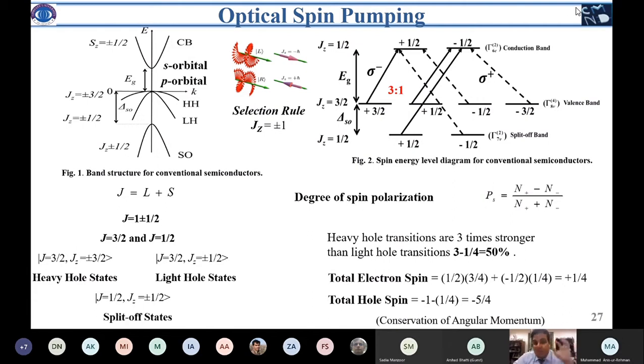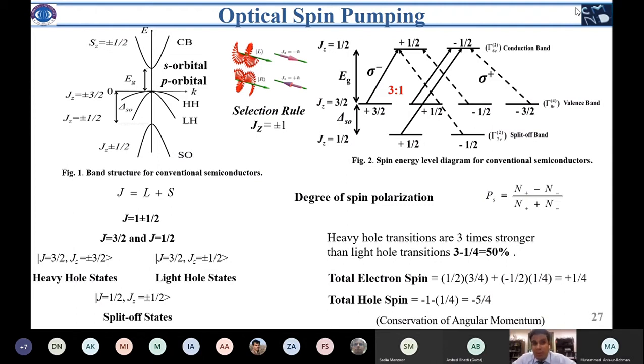Now, the basic selection rule that we need to follow for the spin pumping to take place is that the Z projection of the total angular momentum should be equal to plus 1 or minus 1 between the 2 states, the final and the initial states between which the transition is about to take place. This momentum of plus or minus 1 can be provided by circularly polarized light.